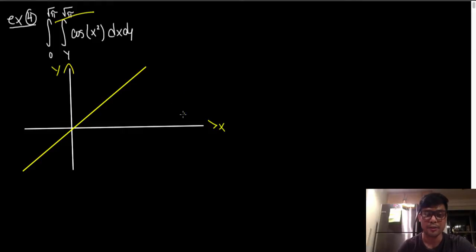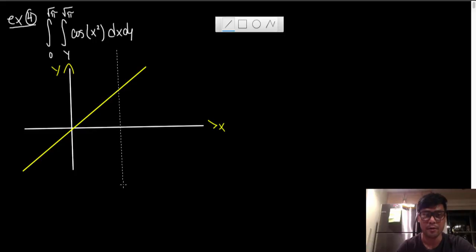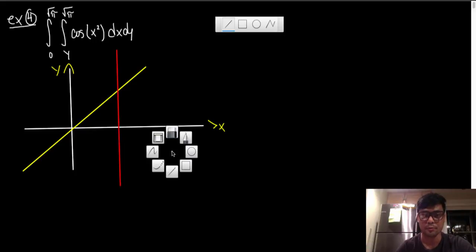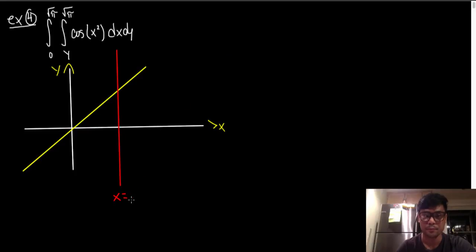And x equals root pi, I'll put in a different color, say red. x equals root pi is this line here. I'll call this x equals root pi. And the coordinate that we have here, I'll draw a point here. If x is root pi here, and y equals x, then we have y equal to root pi as well.